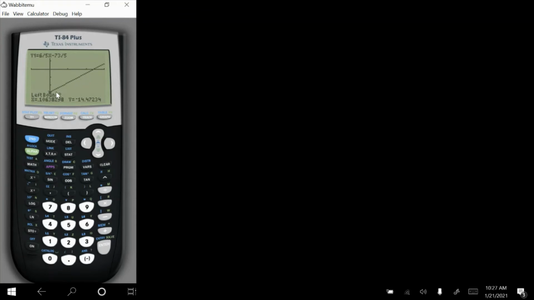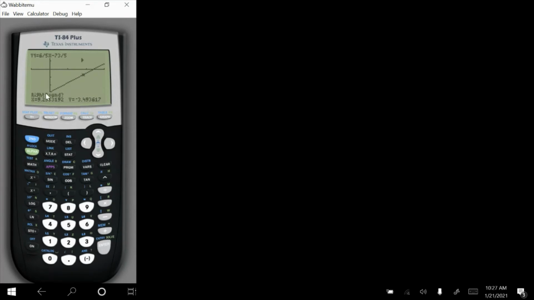We'll move this blinking cursor until we get to around this area of the graph, and then we'll press enter. To move the blinking cursor over to that area, we'll hit the right arrow key until we've landed in a spot that we're good with. This would be a good left bound. It's to the left of where the graph is crossing the x-axis. Once you're satisfied with where your cursor is, you can go ahead and press enter.